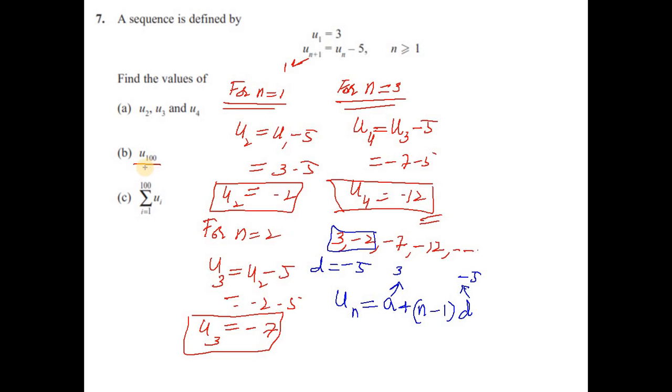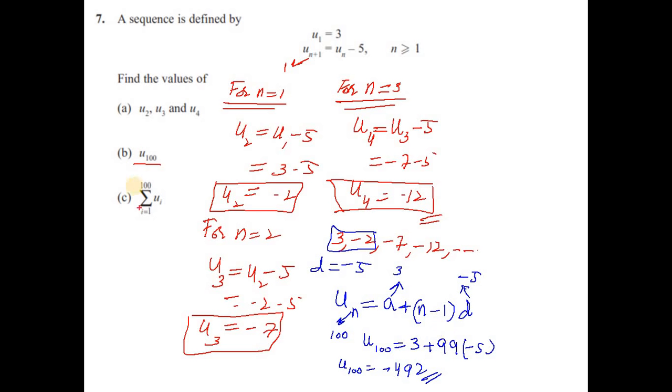For u100, n is 100. So u100 is equal to 3 plus 100 minus 1, 99, times minus 5, which is minus 492. This is your u100.